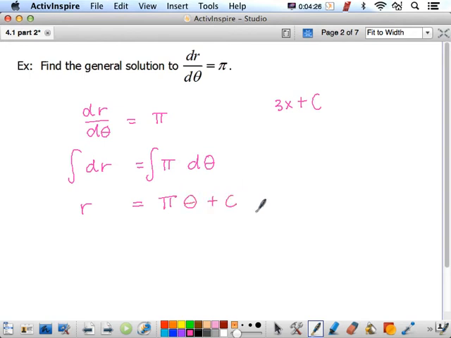If you imagine taking the derivative of that, r prime equals pi plus 0. You don't add an x because we're using theta. You really just add in the variable that's there. X's are easier for us to visualize, but you treat it the same, with whatever variable your differential is with respect to.